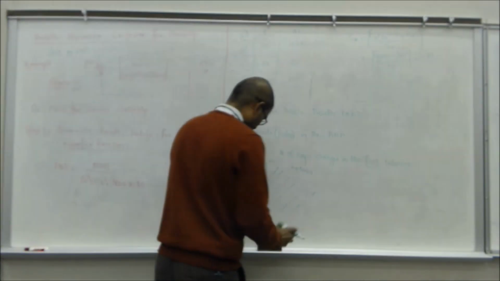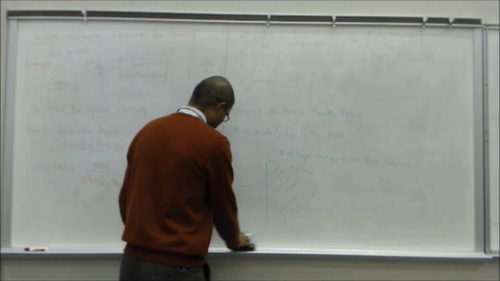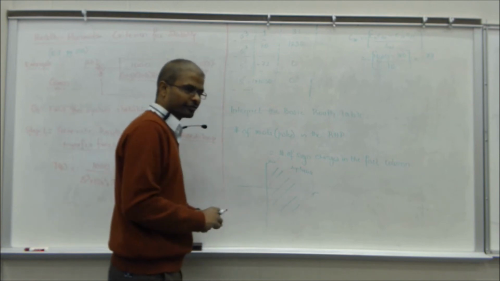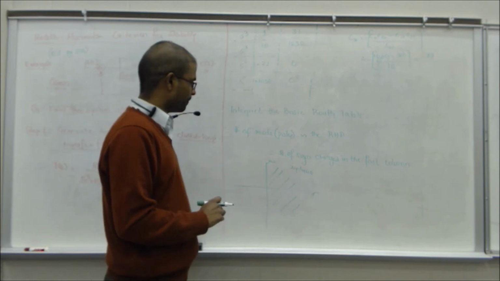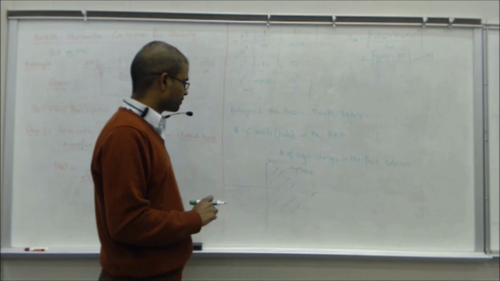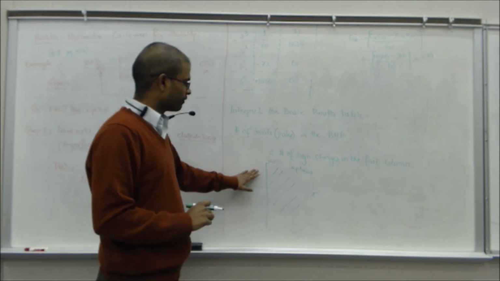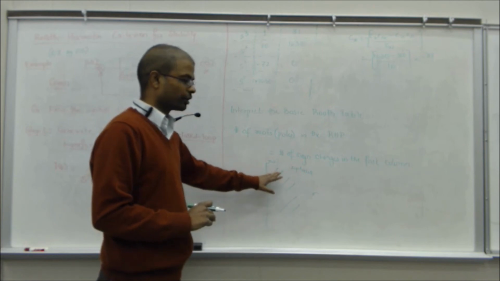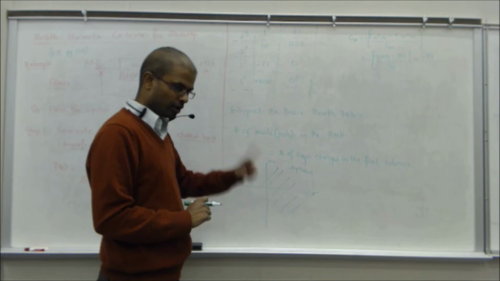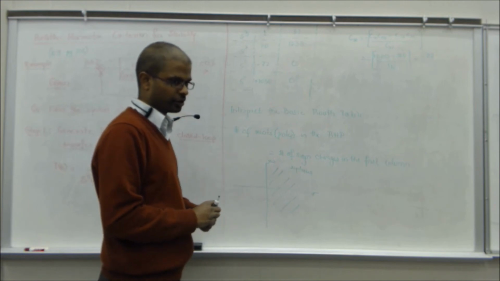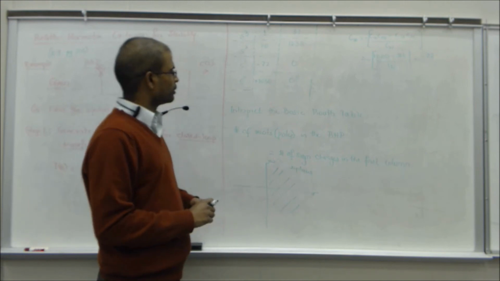I don't know how to teach you guys, because any poles in the left half plane or any poles in the right half plane, even if you have 1 pole in the right half plane, the system is unstable. Okay.